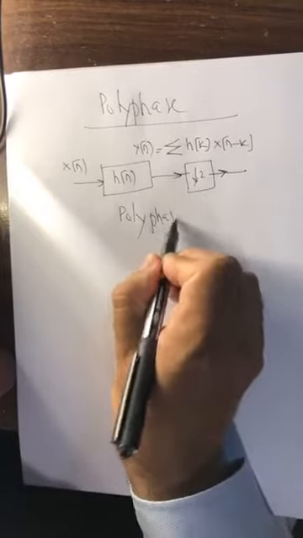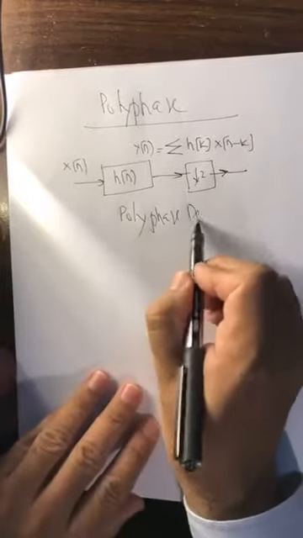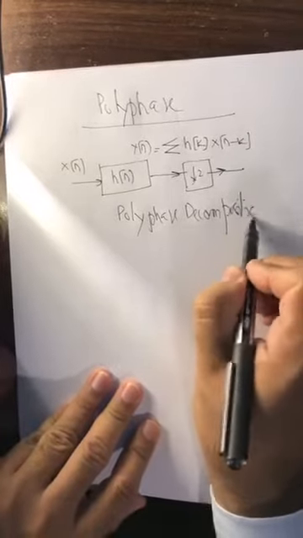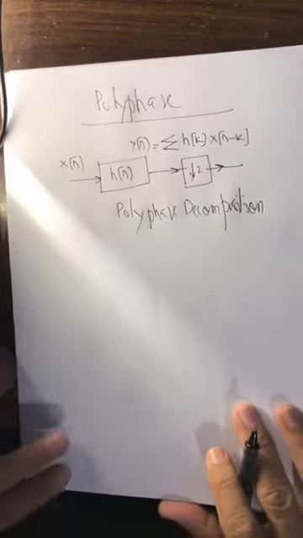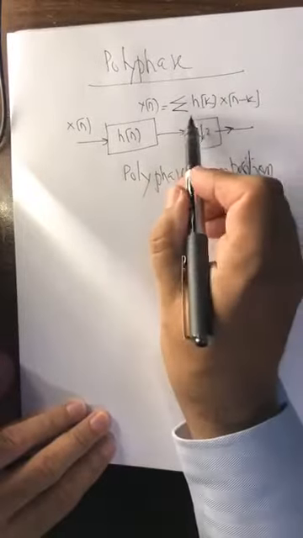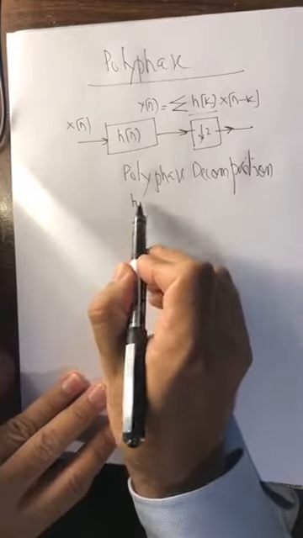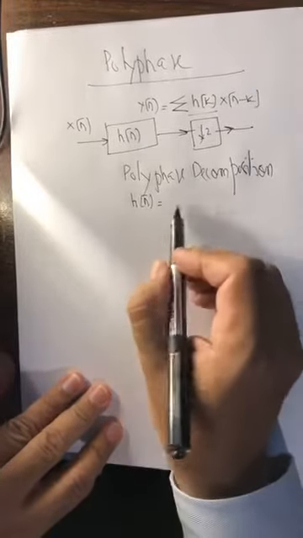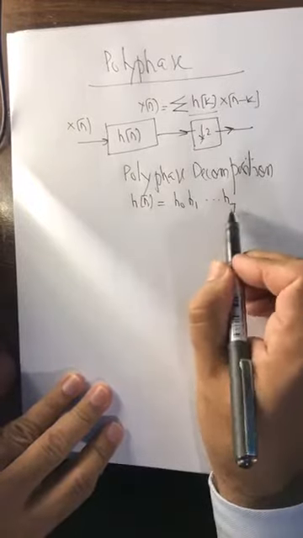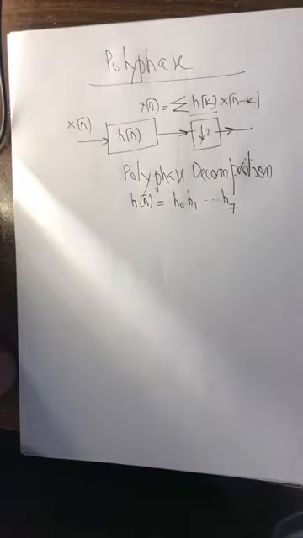Polyphase decomposition. What is polyphase decomposition? That a filter you design h of n, a low pass filter you design h of n, let's say it has 8 coefficients h0, h1, h2, up to h7, and you intend to use this filter to decimate a signal by a factor of 4.